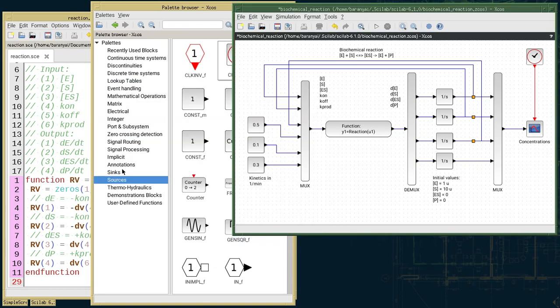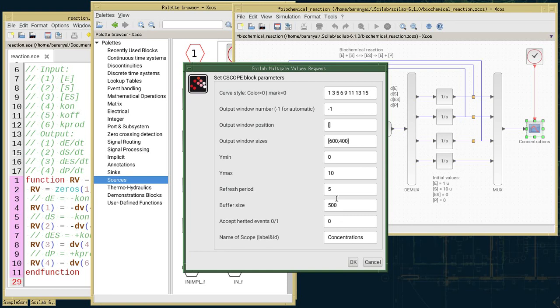What can I change? Of course, the concentration figure will change. The refresh period, I will make it to 50. I don't want to see only the last 5 minutes. I want to see the whole reaction because it is a scope. So 50 minutes, almost 1 hour.